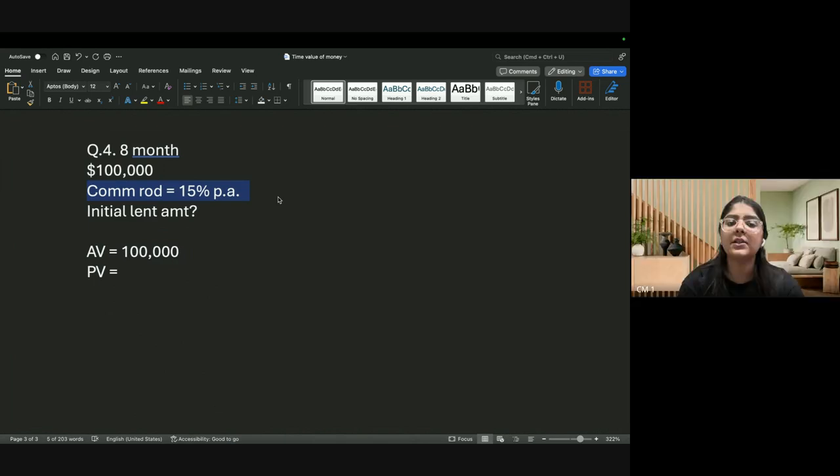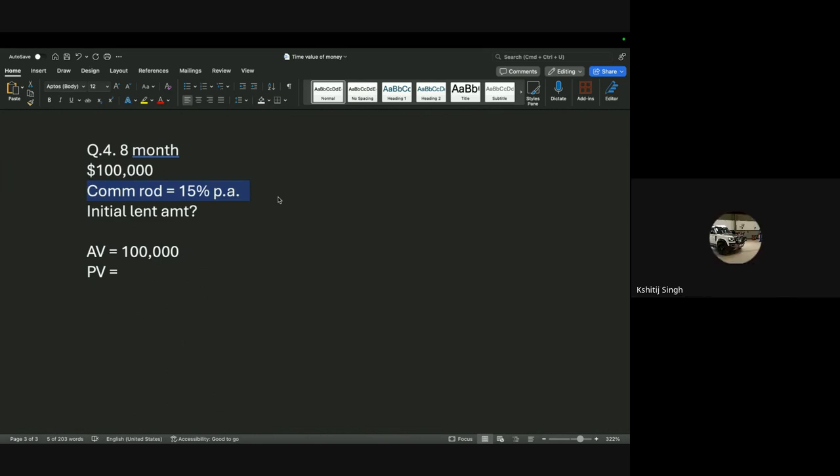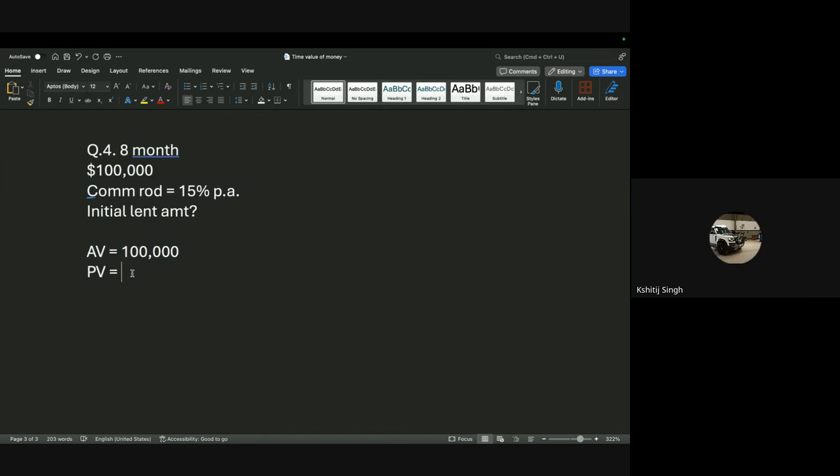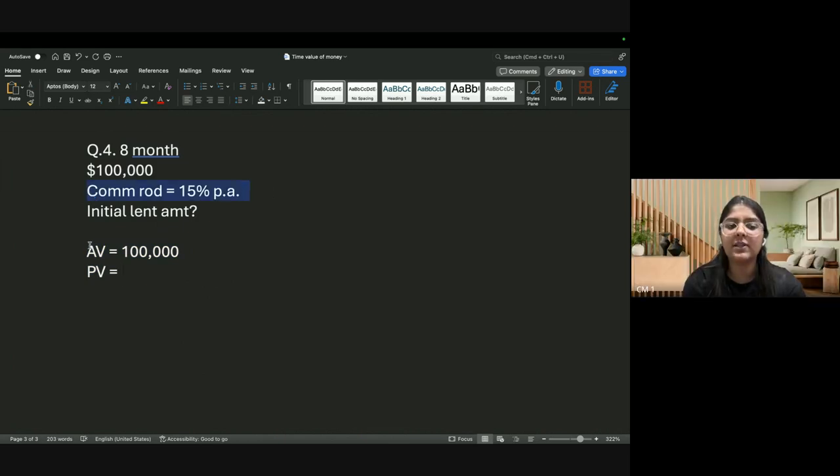Ma'am, as we know the compound is future value, so we want to find present value. Discounting can be either simple or compound depending on what the question is. It doesn't matter if you have to calculate AV or PV, because the difference between simple and compound is the interest on interest part.